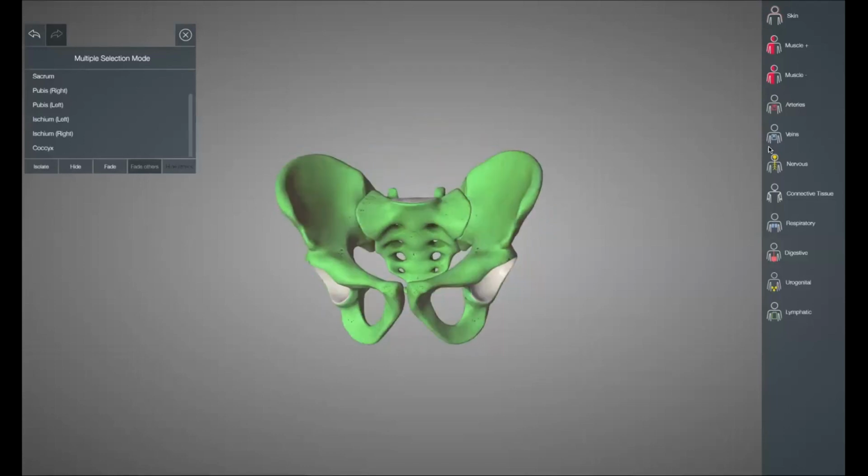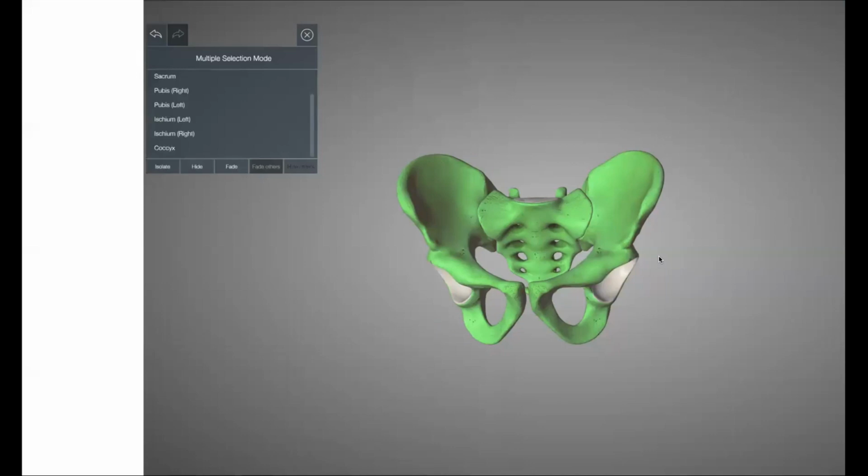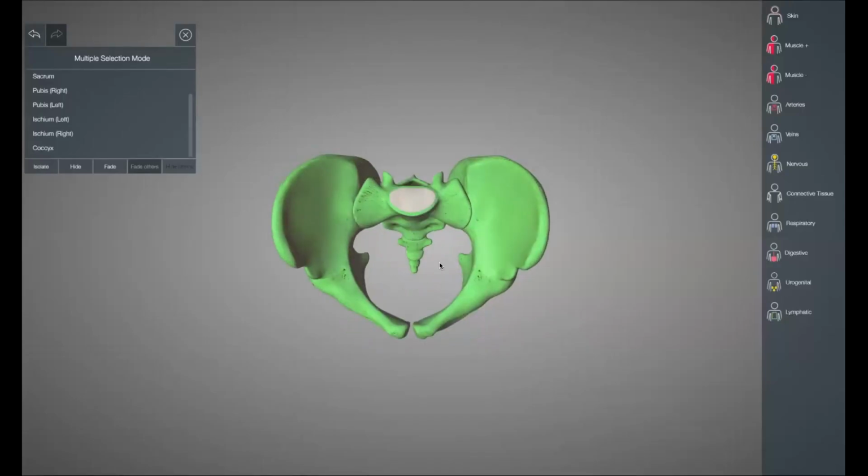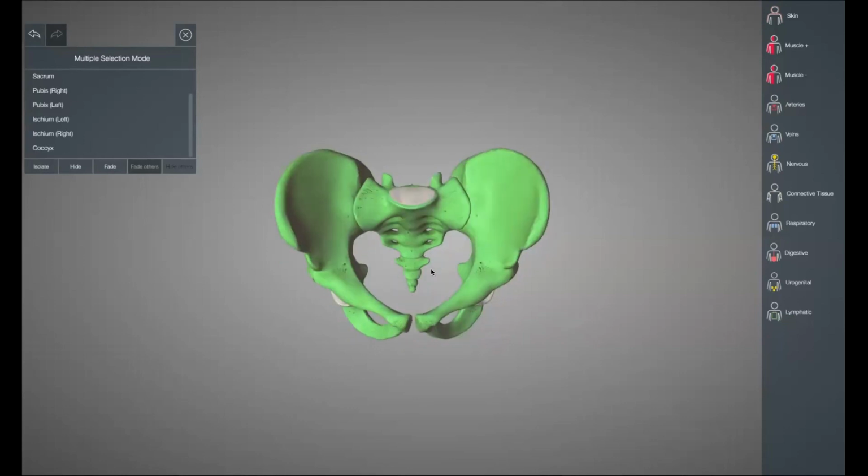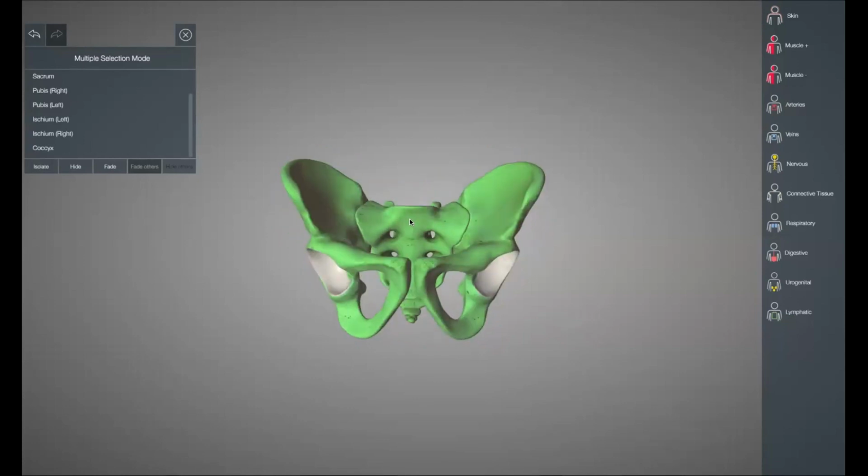And third, it protects the abdominal viscera. There are organs here, such as the intestines or the rectum, that lie here, and the pelvis protects them.